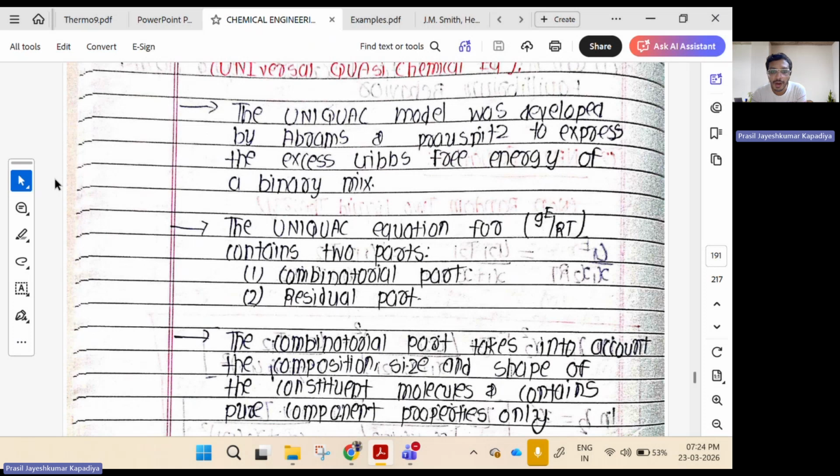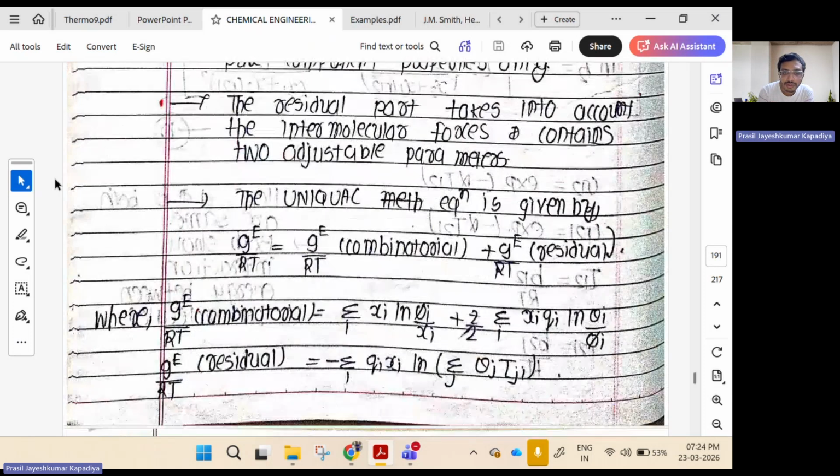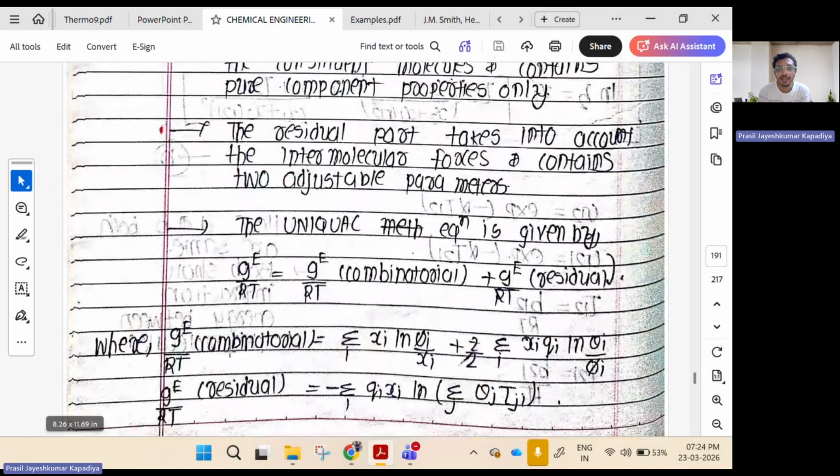It contains two parts, a combinatorial part and a residual part. So I can write G by RT as G by RT combinatorial part plus G by RT residual part.